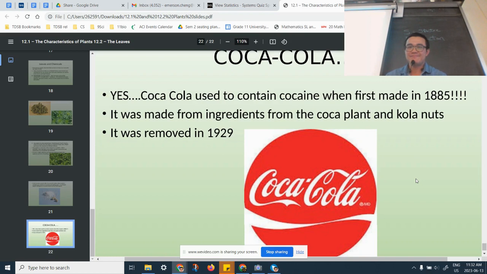Anyways, according to Wikipedia, after 1904, instead of using fresh leaves, they started using spent leaves, leftovers of the cocaine extraction process, with trace levels of cocaine.